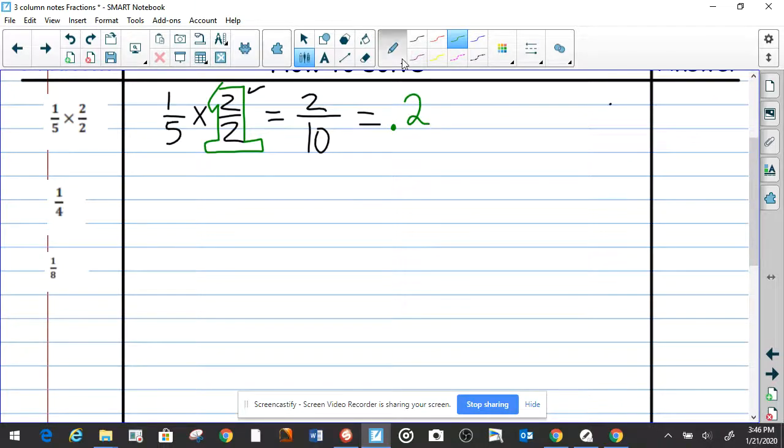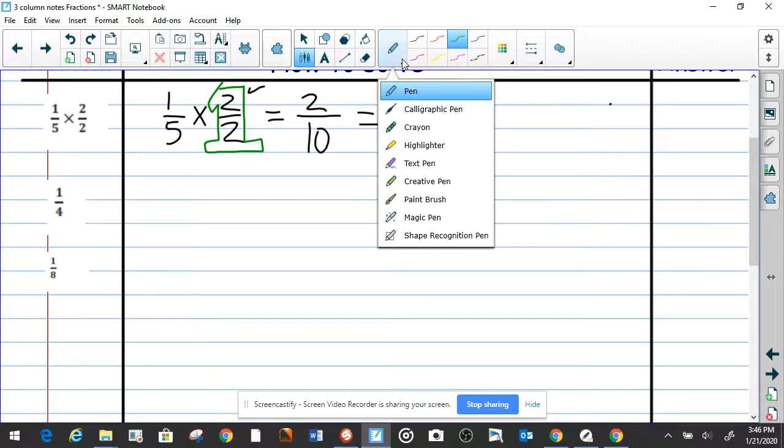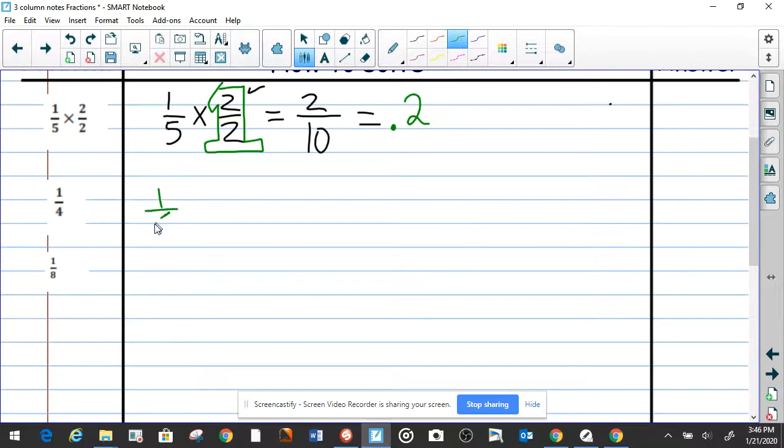All right, let's try it one more time with 1/4. Well, we have 1/4 right here. Do we know any number that we can multiply by to make it a decimal? Yes, we do. Remember that 25, right? Because it is a quarter.